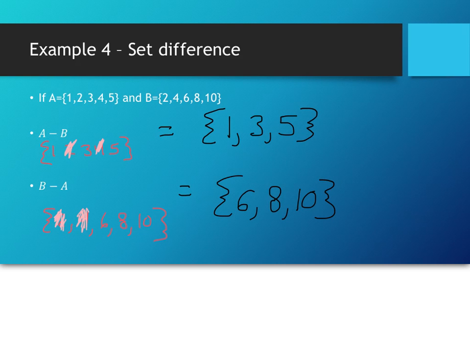Okay. Now let's draw a diagram of what the set difference looks like. So if I have a universal set, and I have inside here some set A, and inside here some set B, okay? What I'm looking for is all of the elements of A. Let's start with A minus B, obviously.